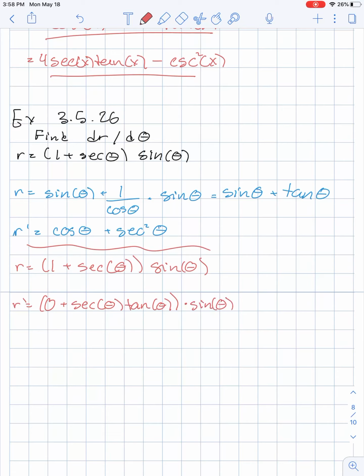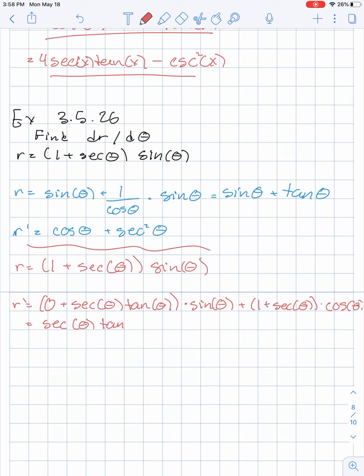tan theta times, I'm going to leave sine theta all alone, it's not its turn yet, plus, I'm going to keep 1 plus secant theta times the derivative of sine theta, which is cosine of theta. Running out of space. There we go. Now I can simplify.